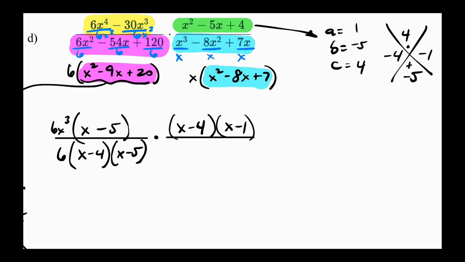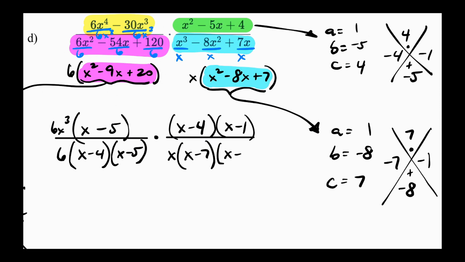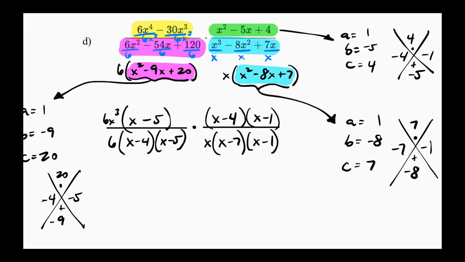That's the part I'm going to do ABC with. Multiplies to be 7, adds to be negative 8. Negative 7, negative 1. Okay. Heavy lifting is done.